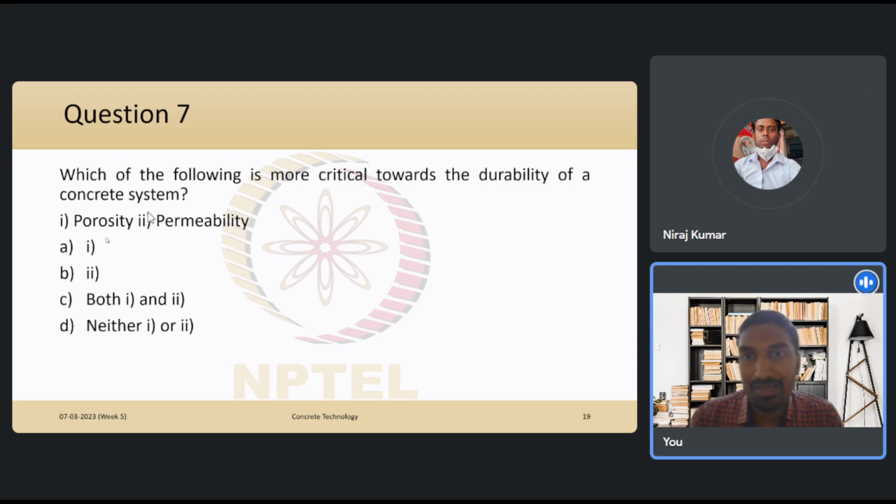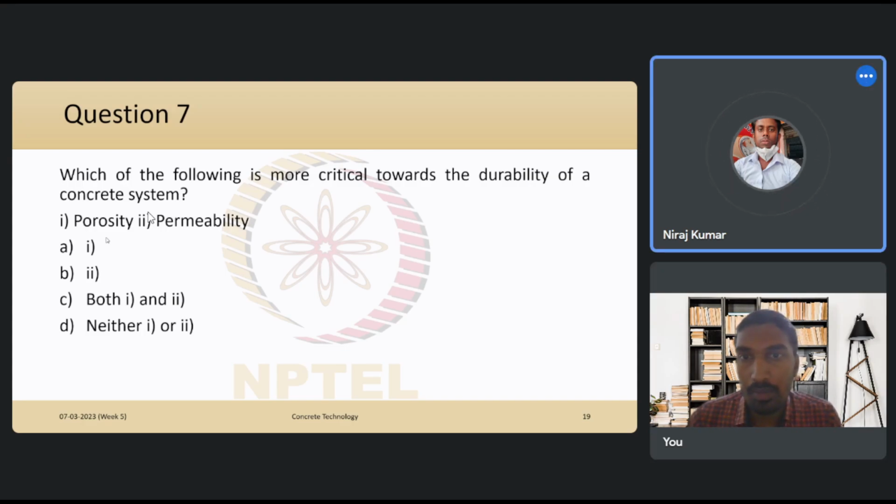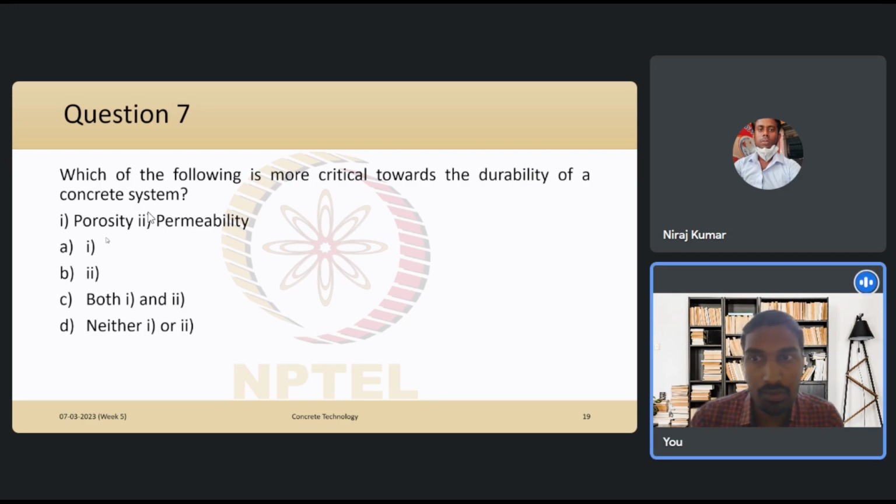For this, an external agent should penetrate your system, and that will happen when you have higher permeability. For example, water containing higher chloride content can enter your system and then corrode the reinforcements, right? This is possible when you have higher permeability.